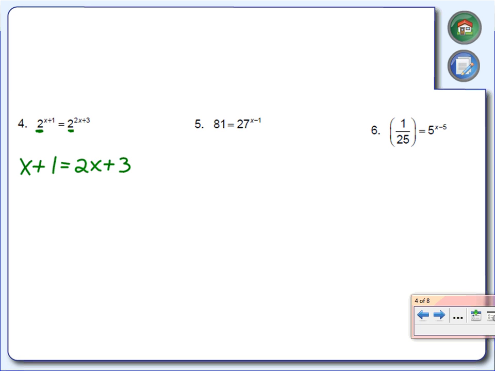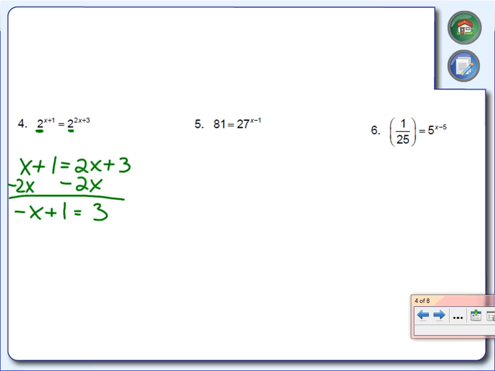Garrett, what can I do first? Move one of the x's over. All right, sounds good. I'm going to move this 2x to this side over here by subtraction. So 1x minus 2x would be a negative x. So at this point, I've got a new equation, and that's negative 1x plus 1 is equal to 3. What's next? Samantha, what can I do next?